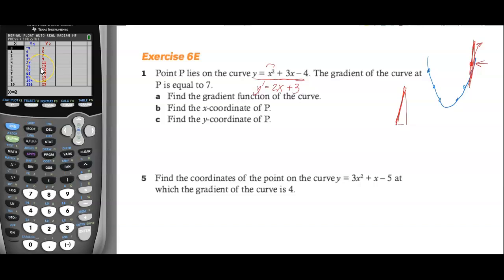Now I'm looking for when the function has a slope of 7. In other words, I want the red 7 because the derivative function is red. Oh, it's right there. So the red 7 is here, which means the slope of 7 is here. What is the x value at that point? It's 2. So x equals 2. What is the y value at that point P? That would be 6.